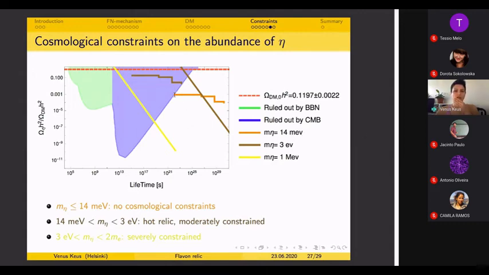First of all, the lifetime of this particle is longer than the age of the universe, right? The age of the universe today is 10 to 17 seconds.